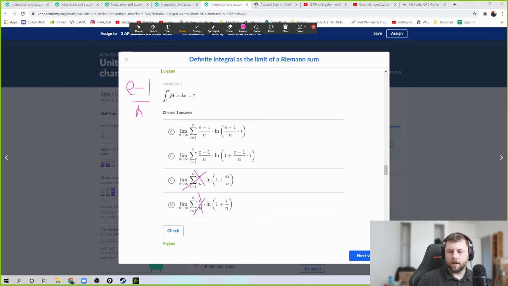Now, if I'm checking my limits on left and right, the left one's going to be ln of 1, and the other side's going to be ln of e. So when you're plugging in i equals 0, i equals n.